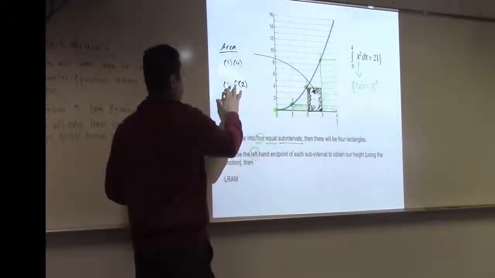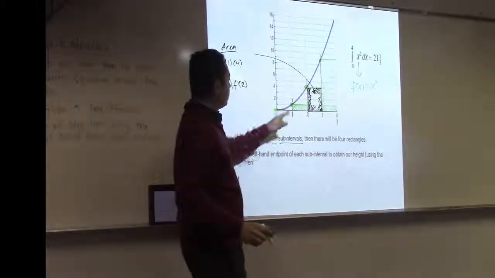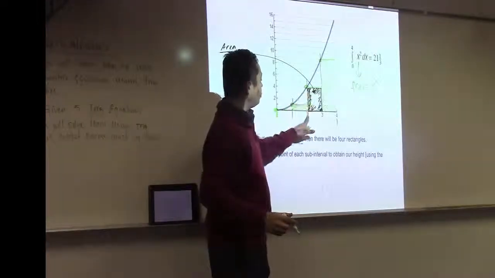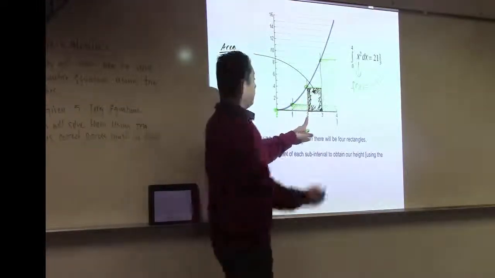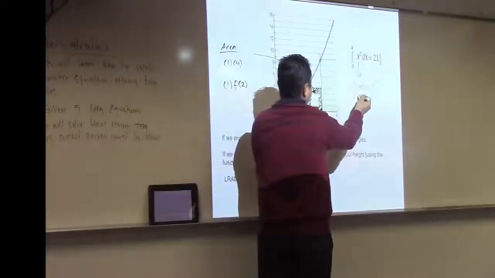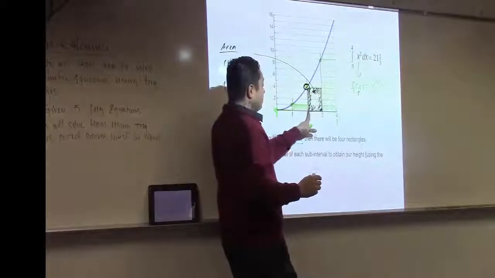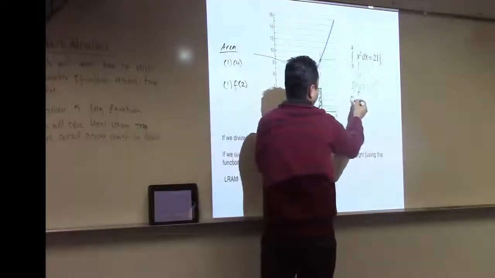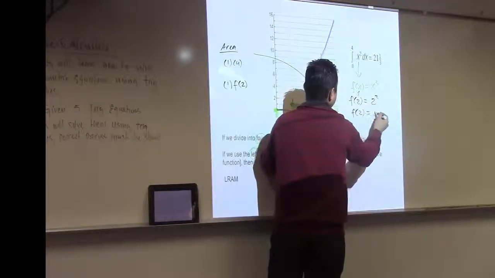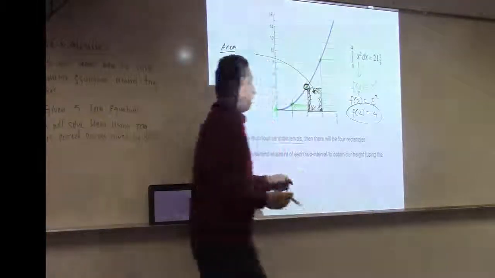And you're like, ooh, where did that f of 2 come from? Remember, this is the f function, right? So I can choose any value here, and this is where the dot is. So you're going to put it in here. What value do you see in there? That's a 2. So f of 2 equals 2 squared. So f of 2 equals 4. That's where the 4 is coming from.